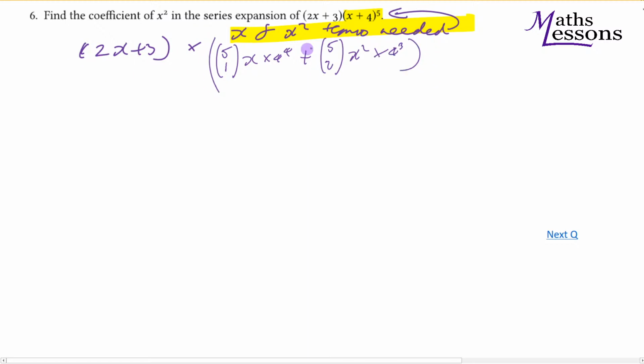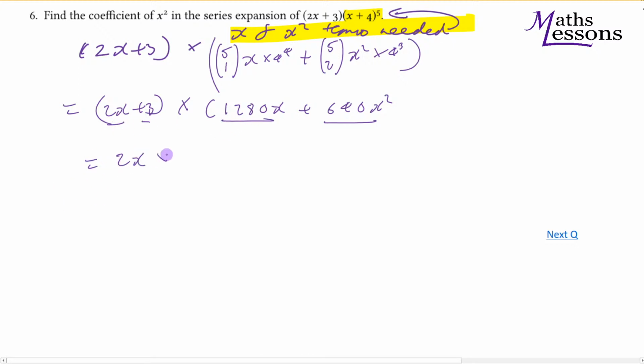So we're just going to times this out by this, and we only need the x squared term when we do that as well. So we've got 2x plus 3 times by, this comes out as 1280x plus 640x squared. So we just need to times that by the 3 and that by the 2x.